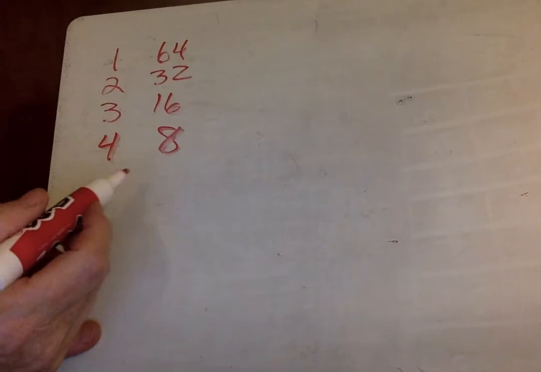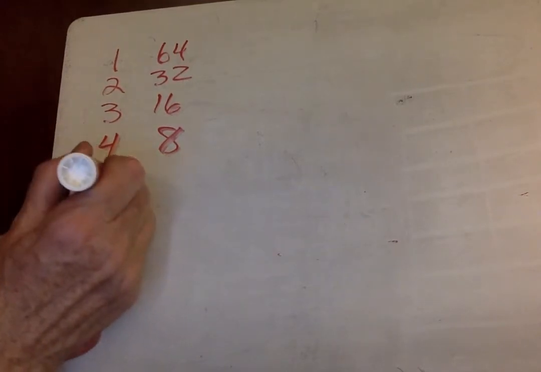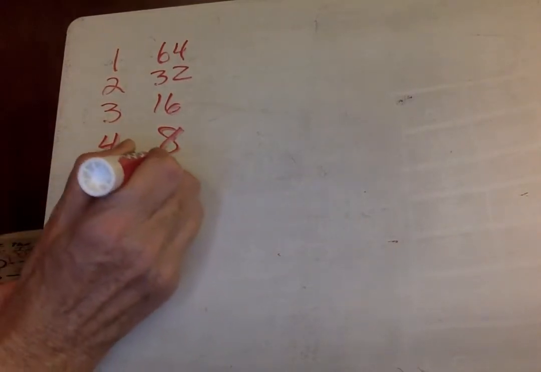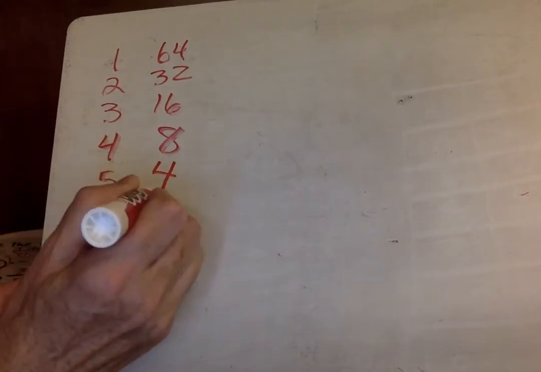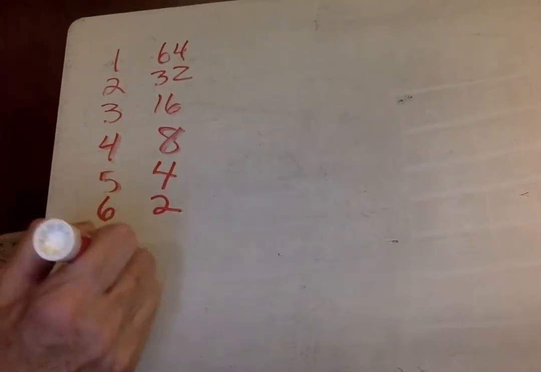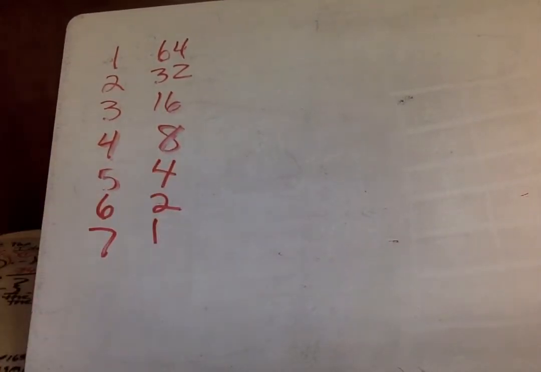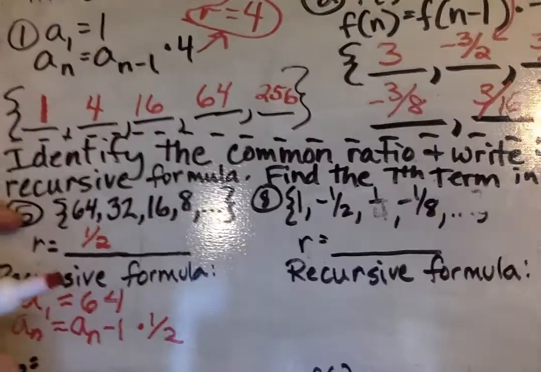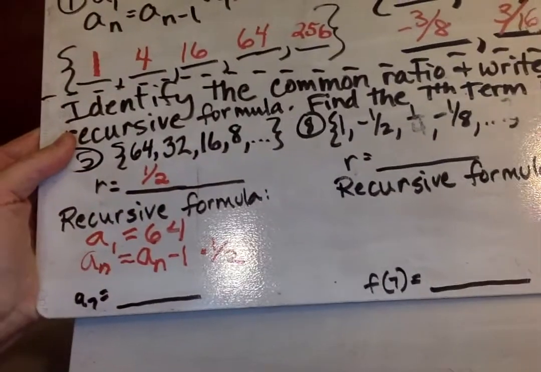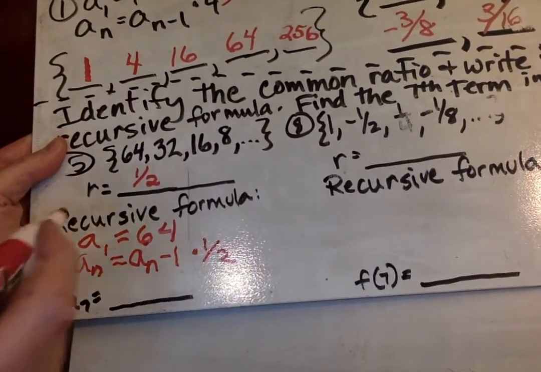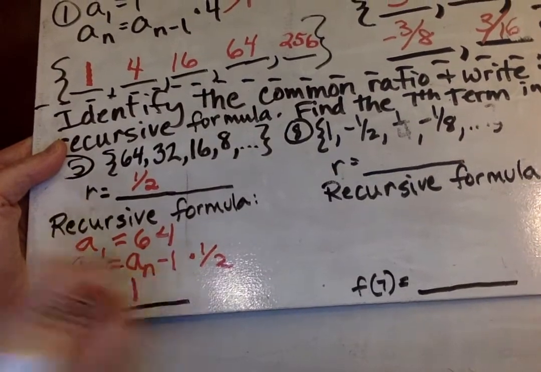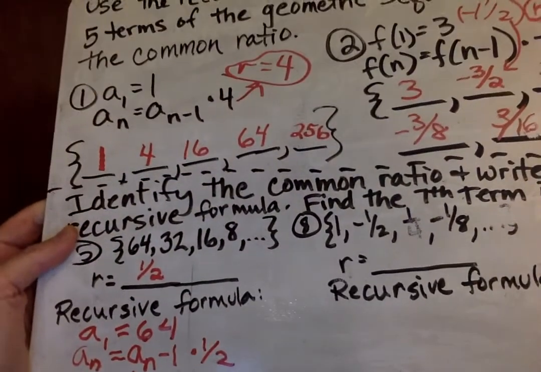So it's times by 1/2, or in your mind you can divide by 2. So the fifth one will be 4. 6th is 2. 7th is 1. So you could say your a_7, back over here, a_7 equals 1. And there you go.